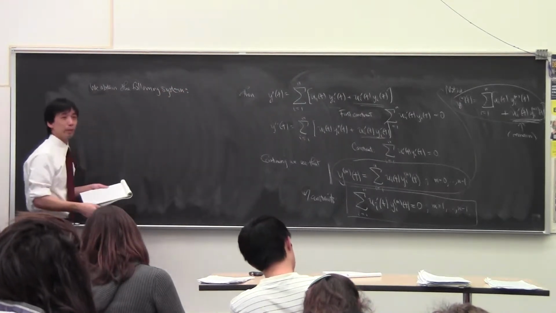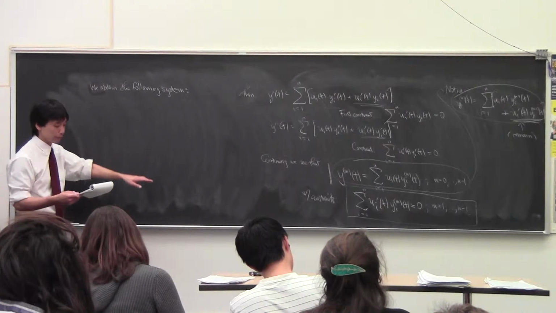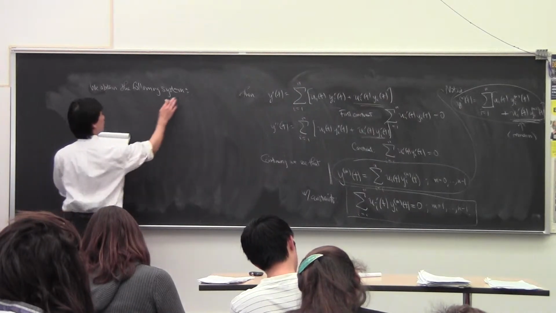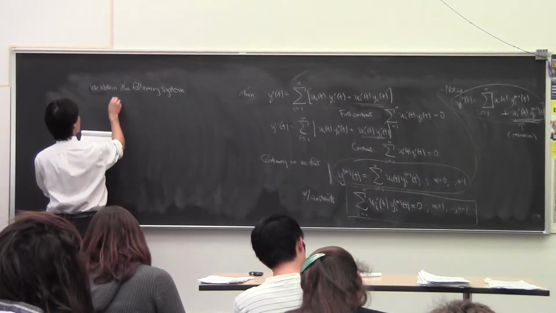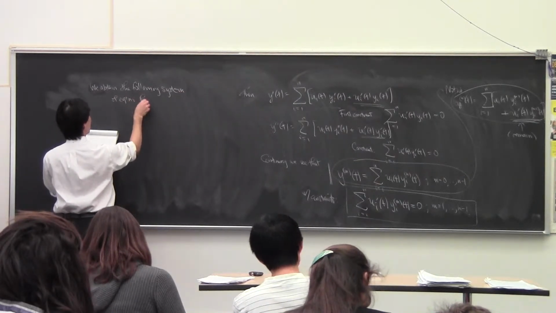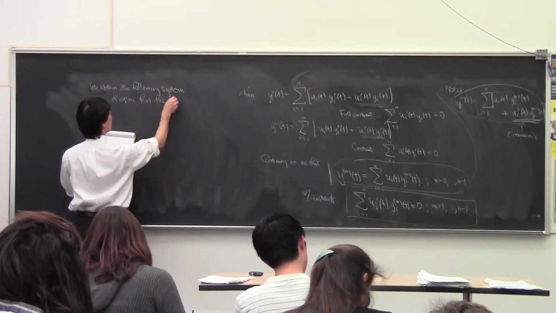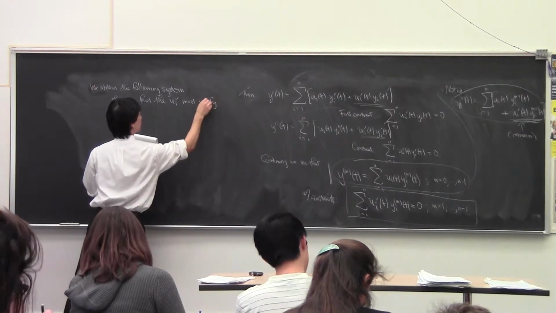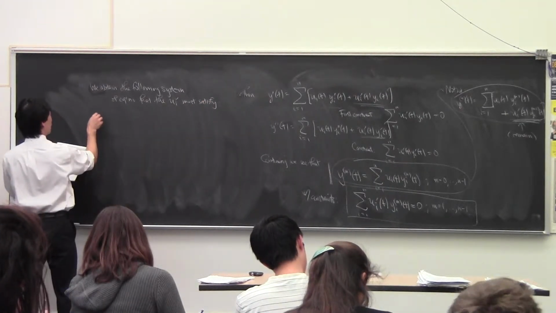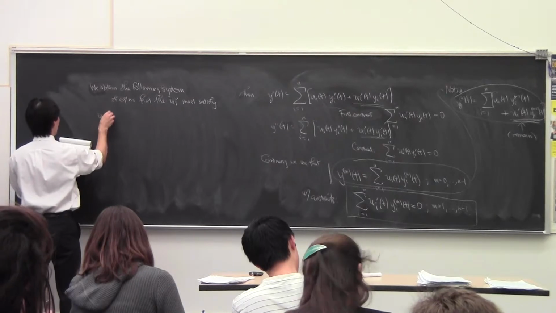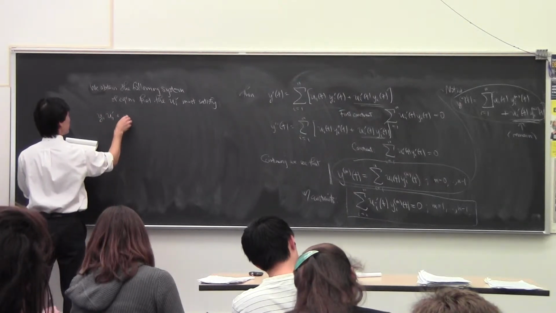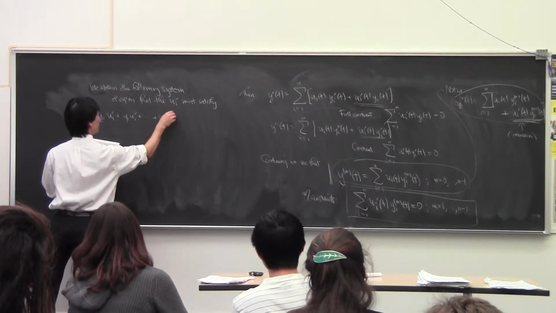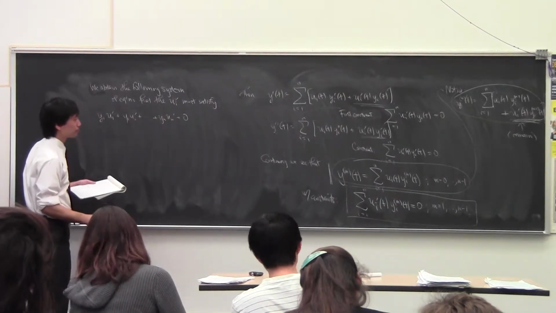I'm going to rewrite the constraints and the following system of equations that the u_i prime must satisfy. And here it is. We get that y1 u1 prime plus y2 u2 prime plus up to yn un prime is equal to 0.